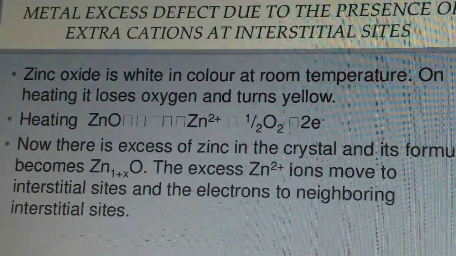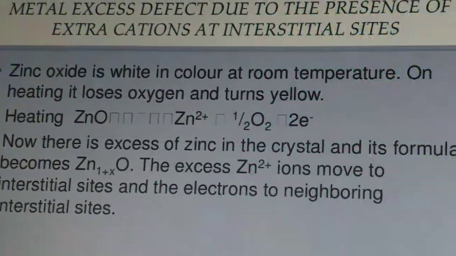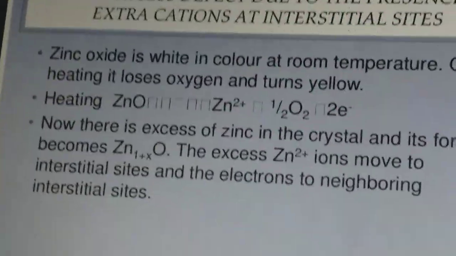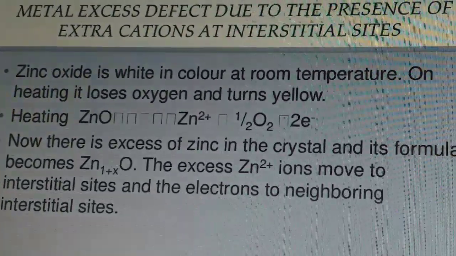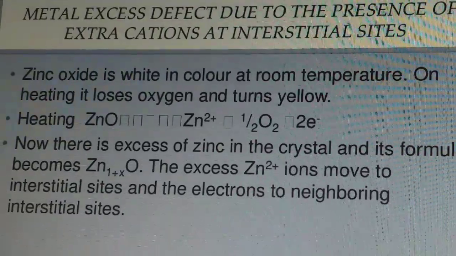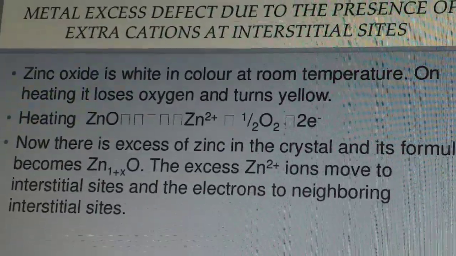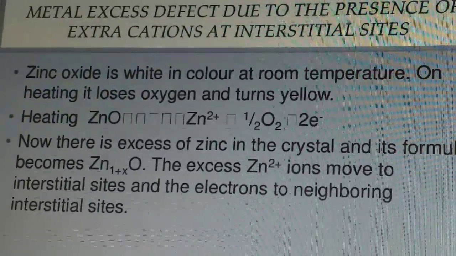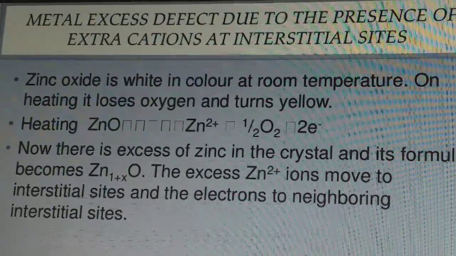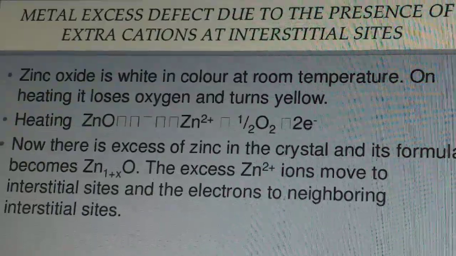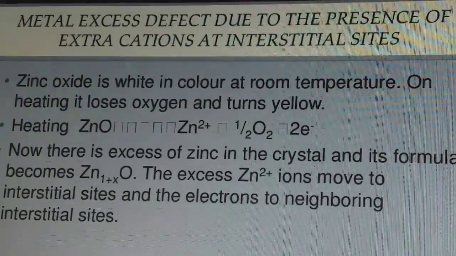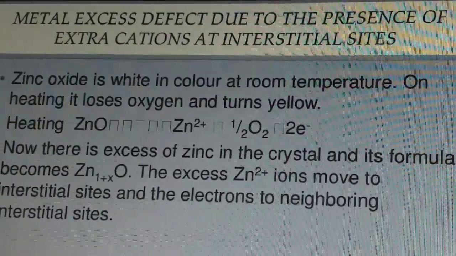Second is metal excess due to the presence of extra cations at the interstitial site. Zinc oxide is white in color at room temperature, but on heating it loses oxygen and turns yellow. Very important question: why is zinc oxide yellow when hot and white when cold? Whenever zinc oxide is heated, it gives Zn2+, half O2, plus 2 electrons.